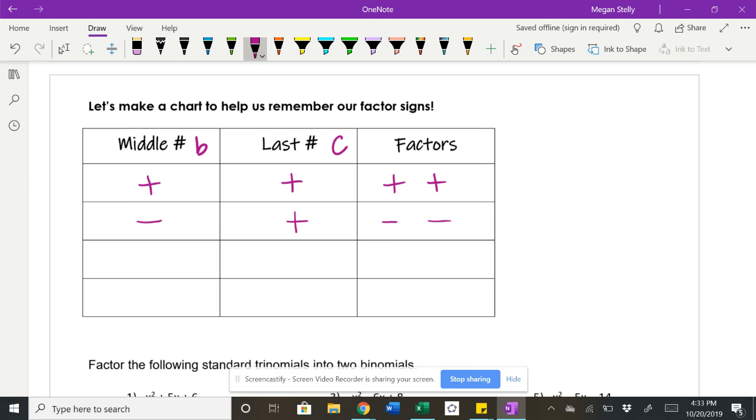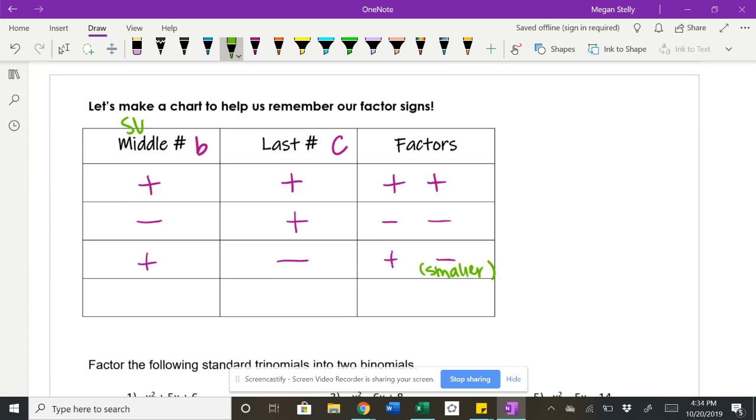When my middle number is positive and my last number is negative, well, we know that it's going to be a positive and a negative because a positive times a negative is a negative. And so if I then want my answer as adding to be positive, we're going to make a little note here, we want the smaller factor to be negative, so that my sum is positive.